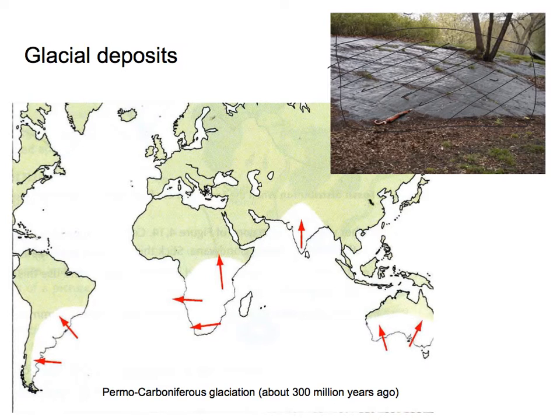So, can't see it real well because of the toolbar down at the bottom here, but there are similar kinds of glacial deposits and striations going back to the Permo-Carboniferous boundary. Okay, so Permo is from Permian.